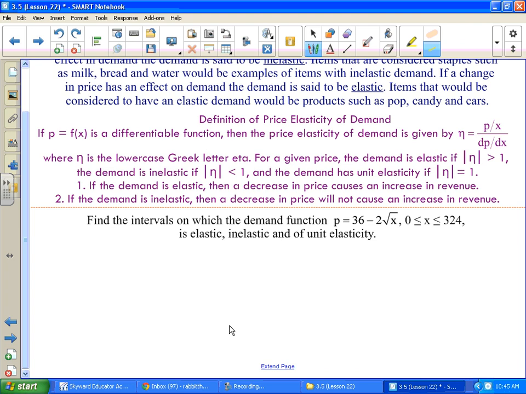Definition of price elasticity of demand. If P equals f of x is a differentiable function, so we can take the derivative, then the price elasticity of demand is given by this here. So I would highlight that.